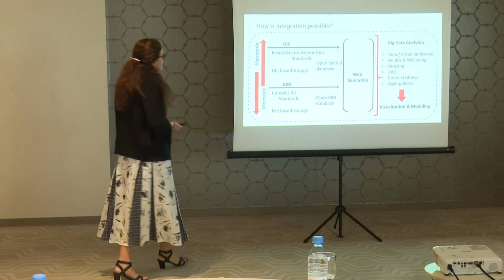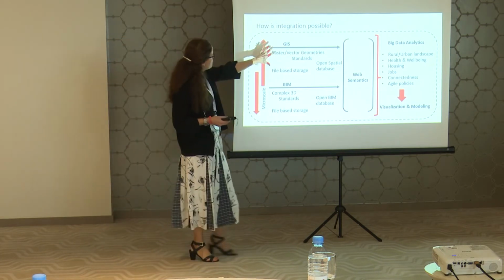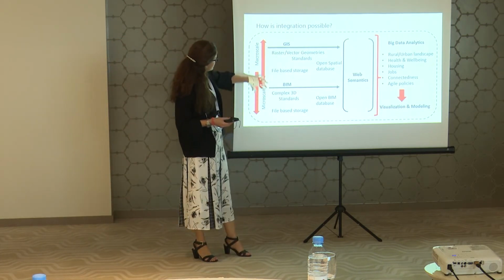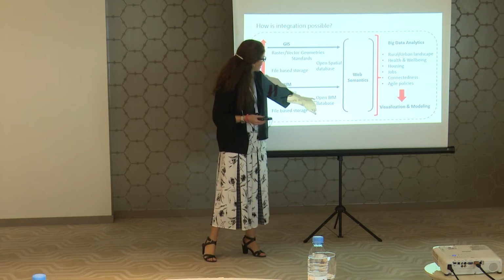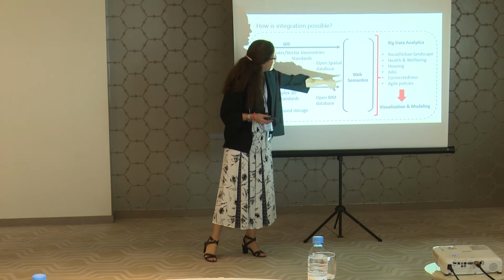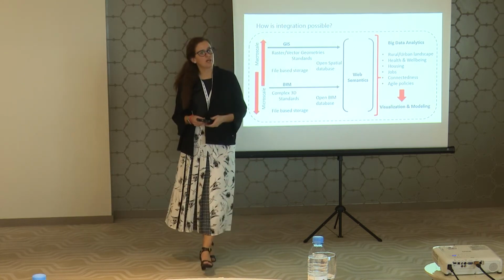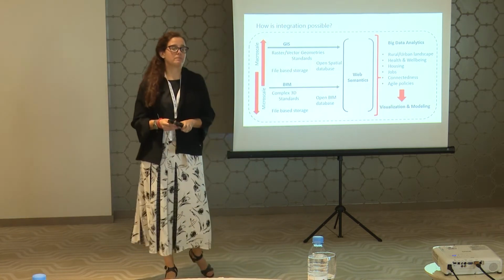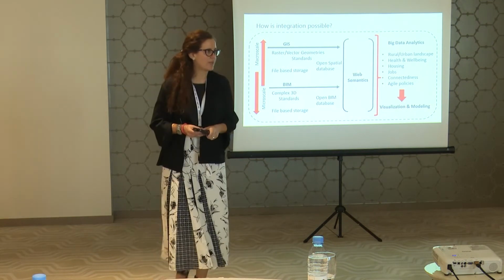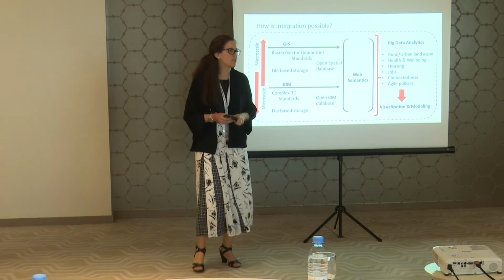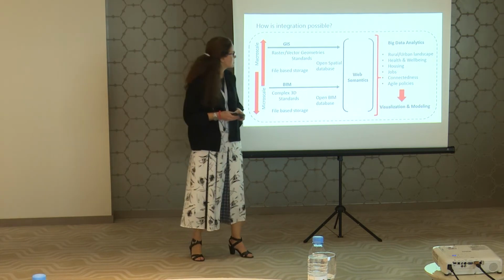So this is kind of an idea of what are both of them, how they work. We will need an open spatial database and an open BIM database. But most of the authors, and it seems that the driver will be about web semantics. And that should be potentially the way forward in terms of integration of both systems.